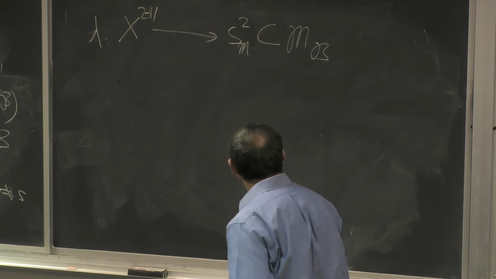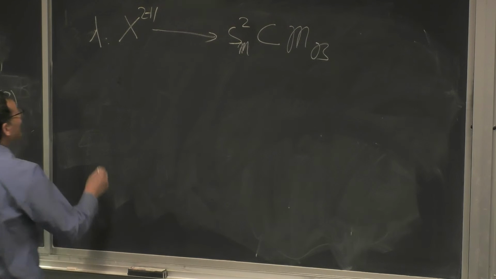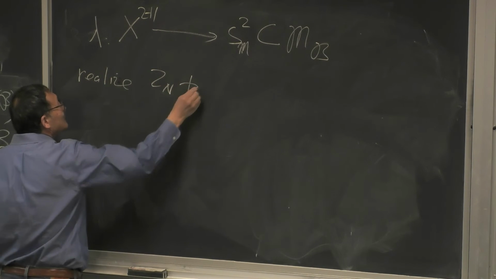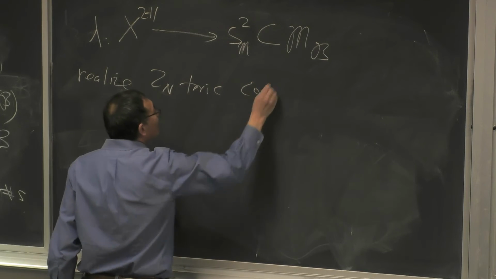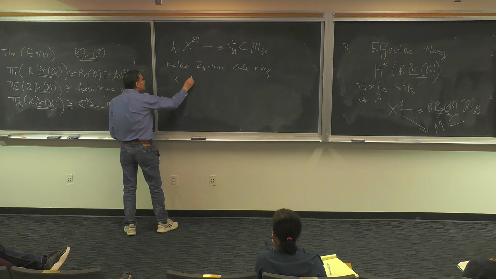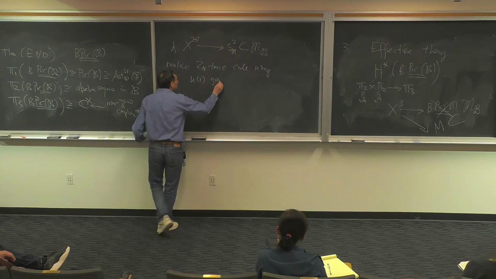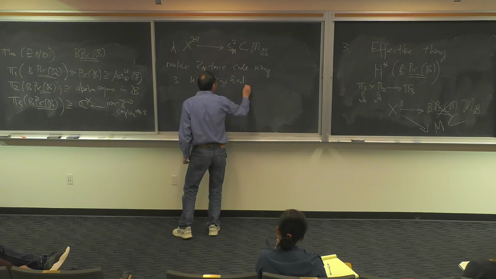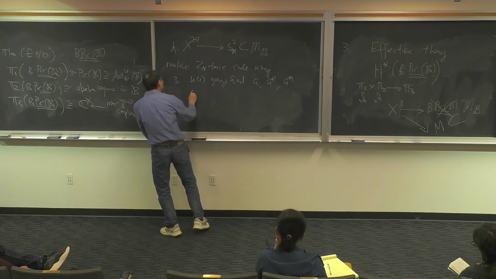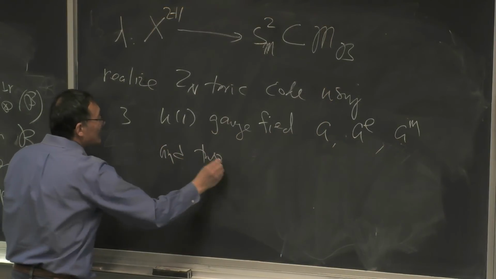And the way we want to do it is I will realize the Zn toric code using 3 U1 gauge fields and 2 scalar fields.